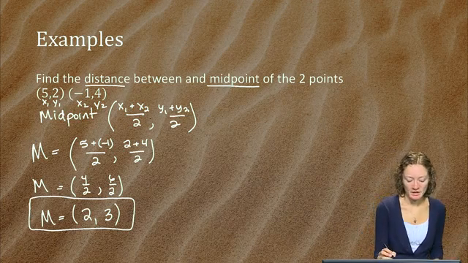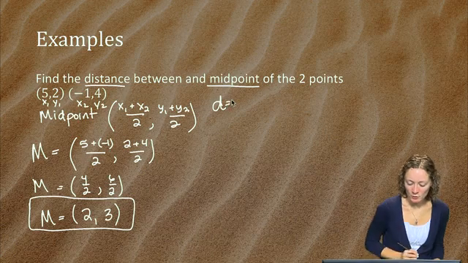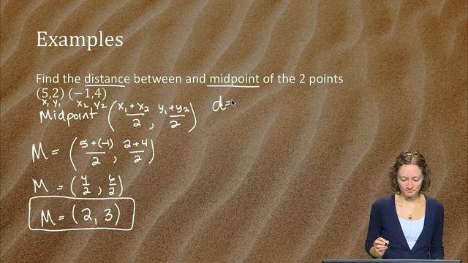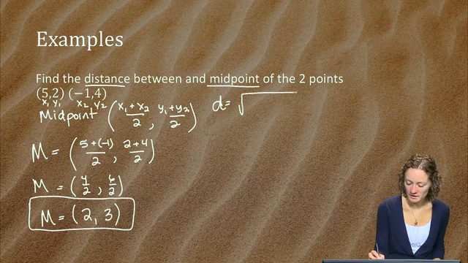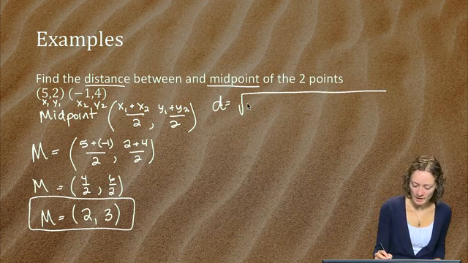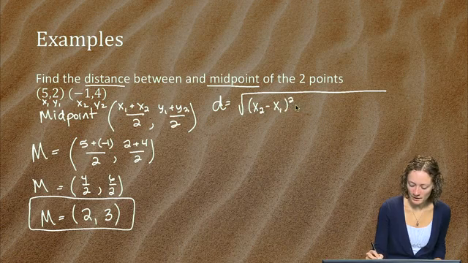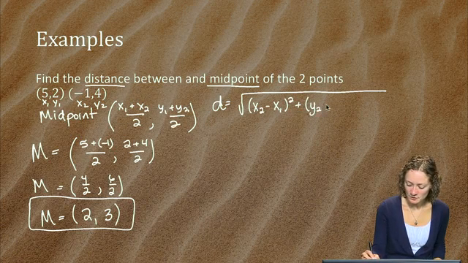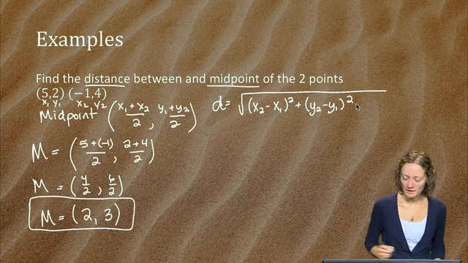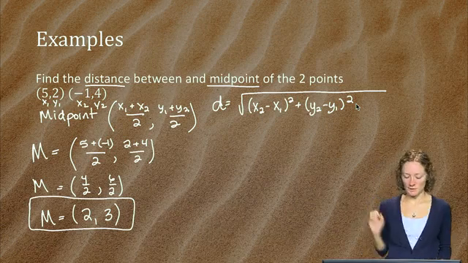The distance formula will feel a little more in the same wheelhouse. So the distance formula, let me remind you, x2 minus x1 quantity squared plus y2 minus y1 quantity squared, all underneath a square root.